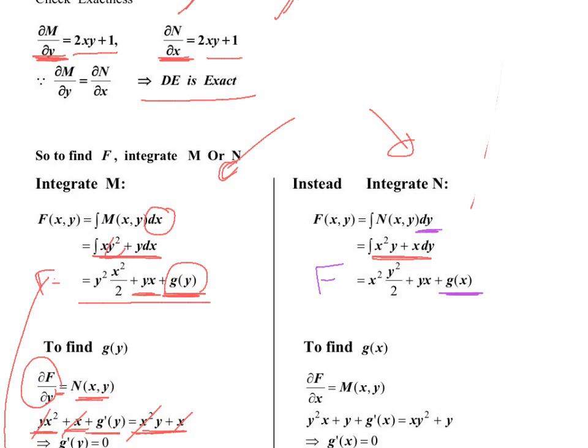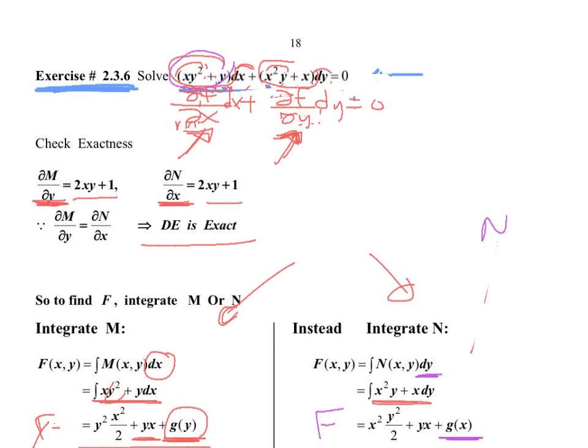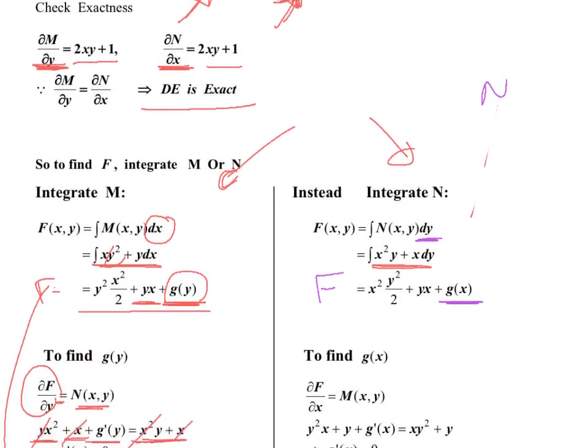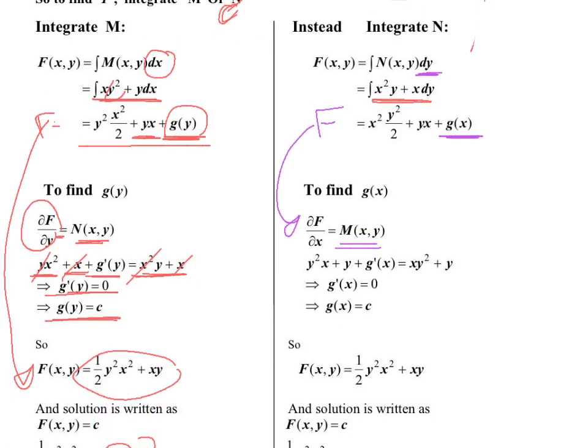This is f, and you have used n. You are going to use now m, which is partial f partial x. So now you find partial f partial x from your answer, which is this, and compare it with m from the differential equation.